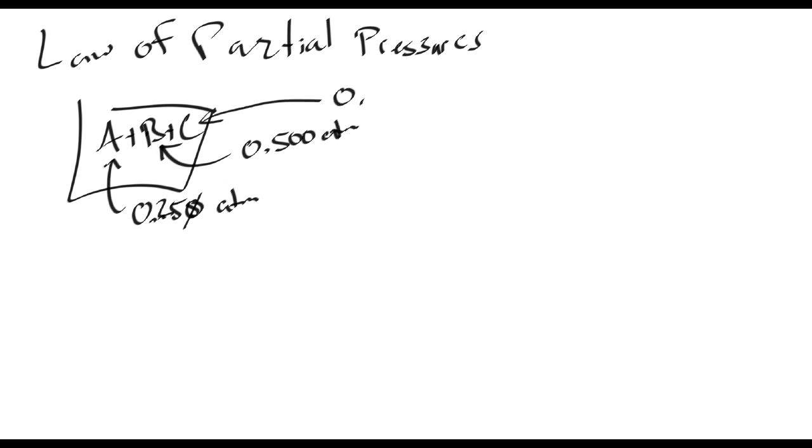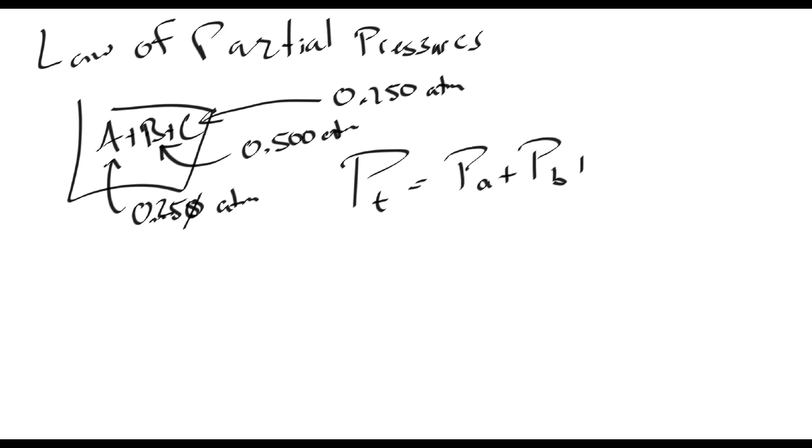And gas C is 0.250 atmospheres. What is the total pressure inside the container? Turns out this is really, really simple, because the total pressure is equal to pressure A plus pressure B plus pressure C. It's equal to 1 atmosphere. Okay. So pressures are additive.